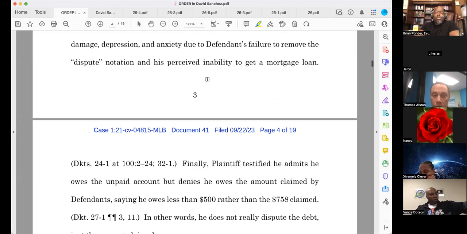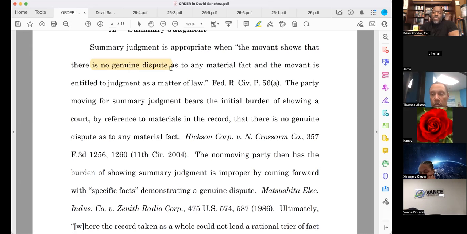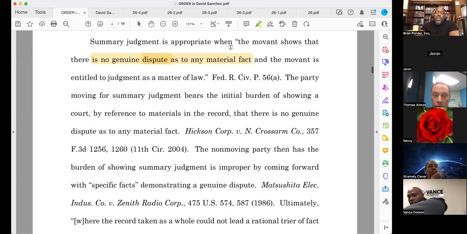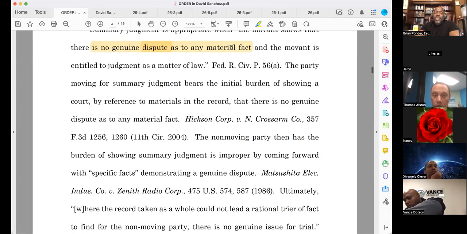So when they say no genuine dispute, it means no genuine dispute as to any material fact of what happened, not a dispute about whether you agree it's a violation or not. So that's what that means.